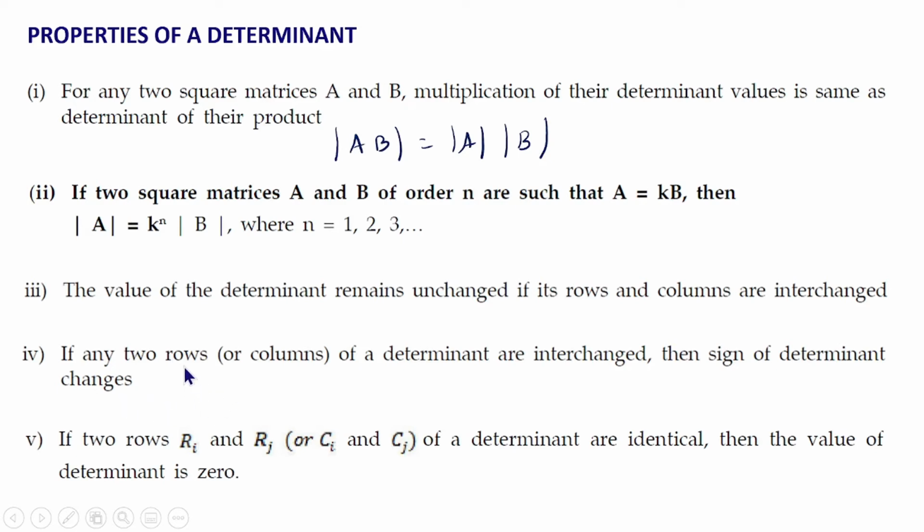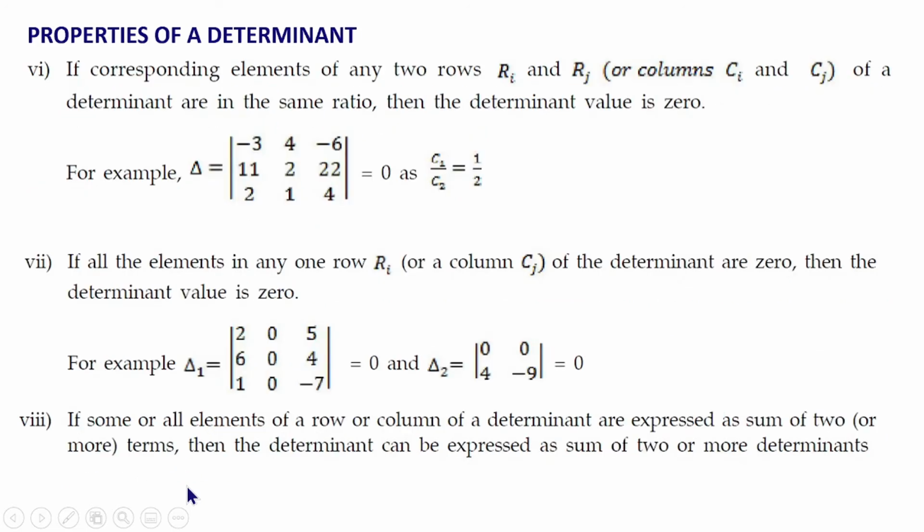So when we interchange any two rows or any two columns, the sign of the determinant will change. If two rows Ri and Rj or two columns Ci and Cj of a determinant are identical, then the value of the determinant is 0. So if two rows are identical or if two columns are identical, then the value is 0.